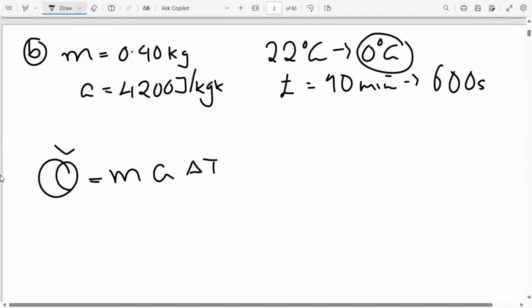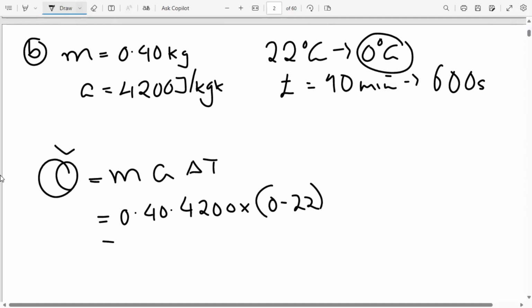So I'm going to say my Q will be equal to the mass of the water, which is 0.40, multiplied by the specific heat capacity, which is 4200, multiplied by the change in temperature. The change in temperature is 0 minus 22. So this is going to give me 0.40 multiplied by 4200 multiplied by negative 22.